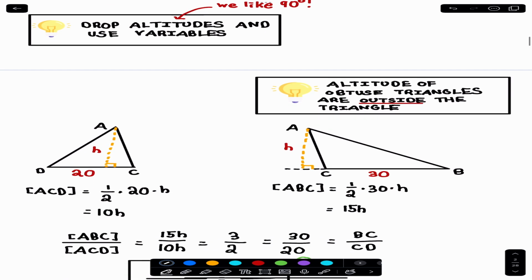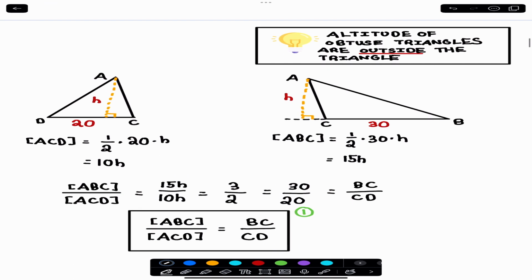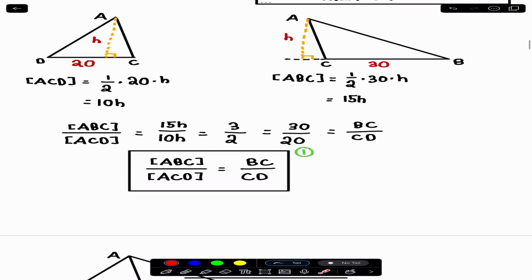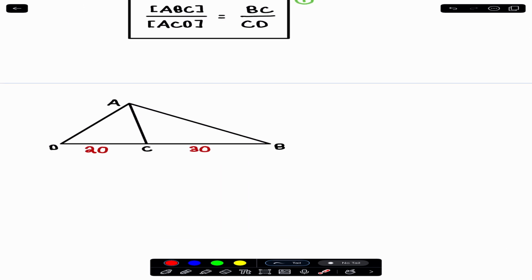The great thing about triangle ABC is we already know what it is. We found in the first part it's equal to 15h. So all we need to do is find the area of triangle ABD. So let's do that. You know what to do. Drop an altitude.